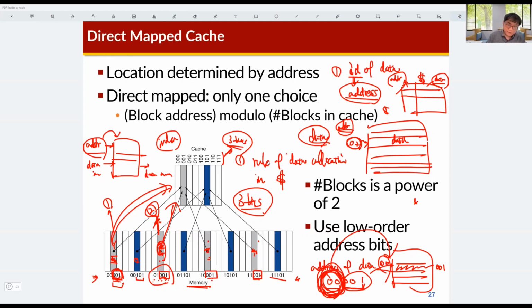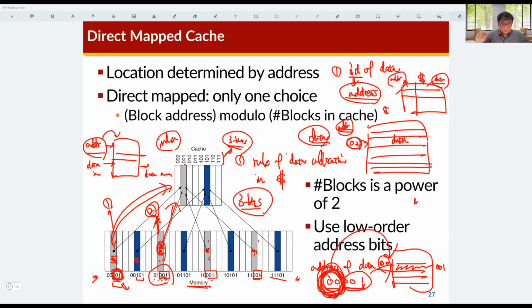And I explained that in order to identify data stored in the cache, we need to also store the address of the stored data. Okay, but in this direct mapped cache, the lower part of the address is equivalent to the index number, which means we don't need to store this index number in the cache because we already know the index number.